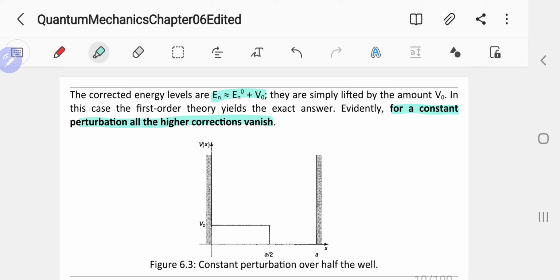So how about a constant perturbation over half the well?